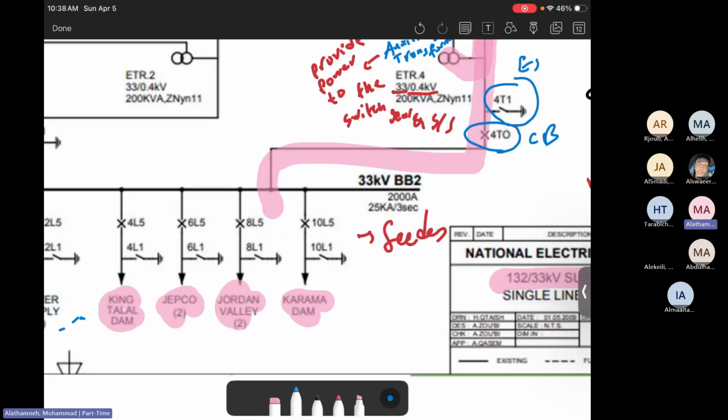Because isolators are only used in high voltage and extra high voltage. That's where we use the isolators. Otherwise, this is a medium voltage level, so no isolators. Keep this in mind.